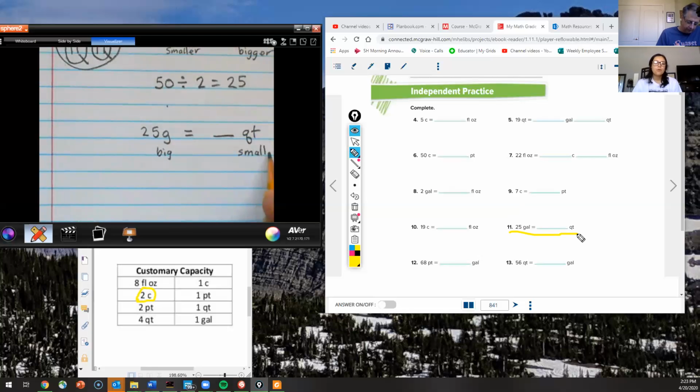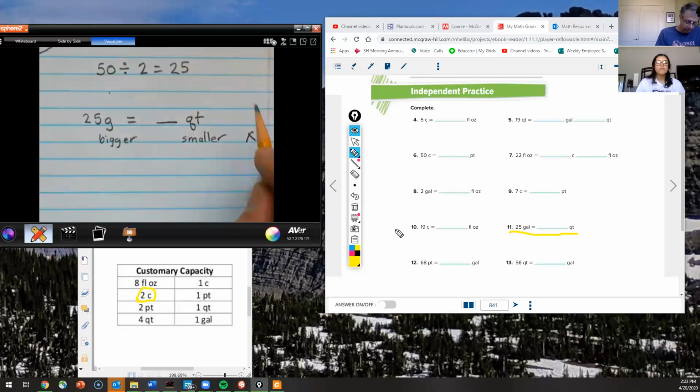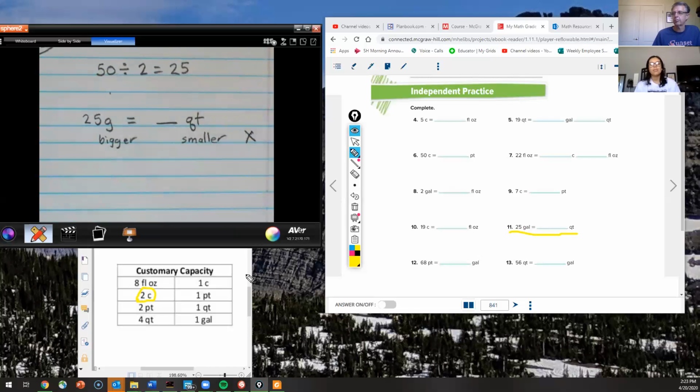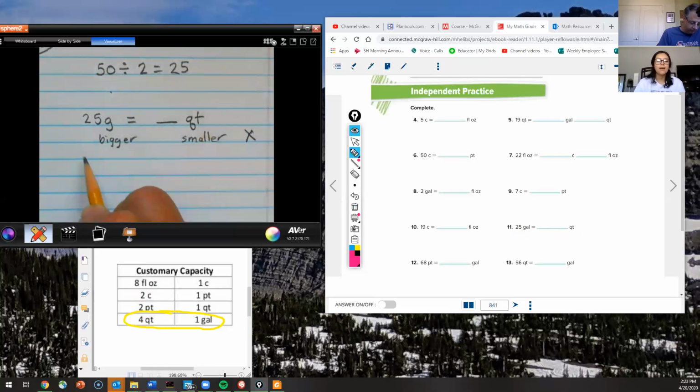For this one, we look at our conversion chart and see which one has both gallons and quarts. It looks like we're going to be using our very last one on there: 4 quarts equals 1 gallon. So we're going to multiply our 25 by our 4.